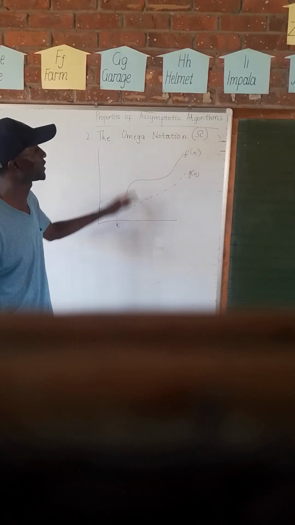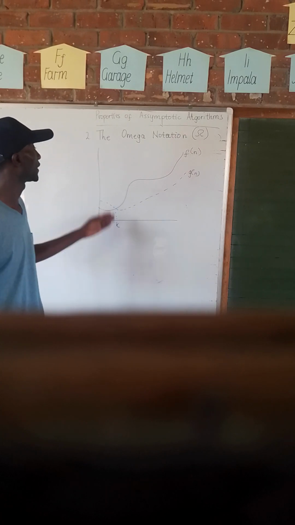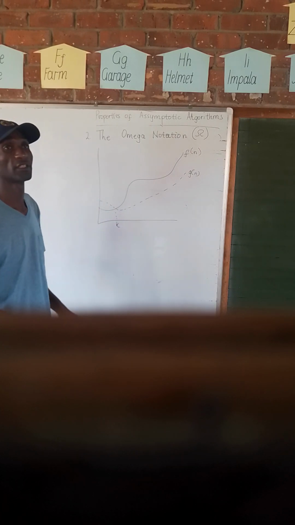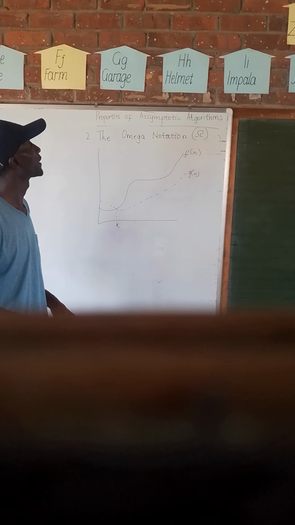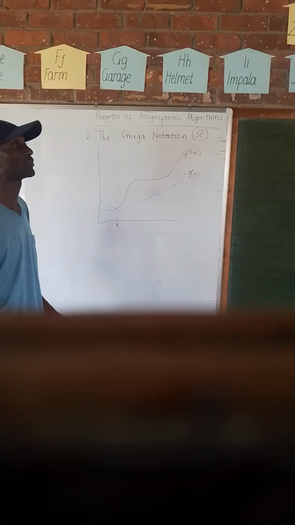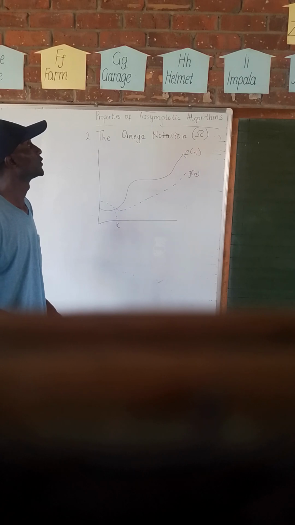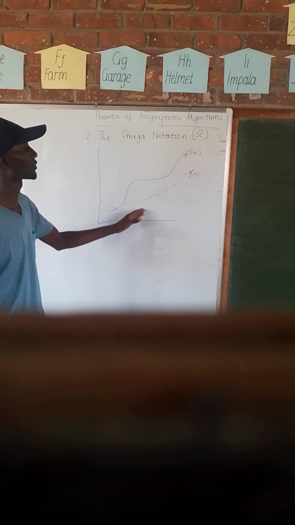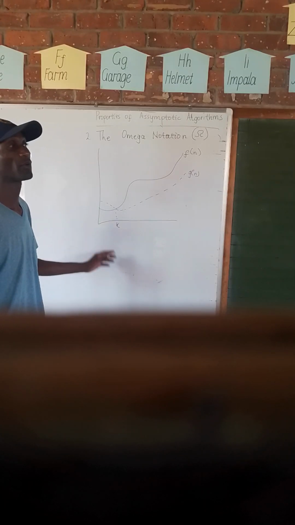So the omega notation can be simplified graphically as I indicated there, and it represents the lower bound of an algorithm. So this will also represent the minimum time required for an algorithm to execute.